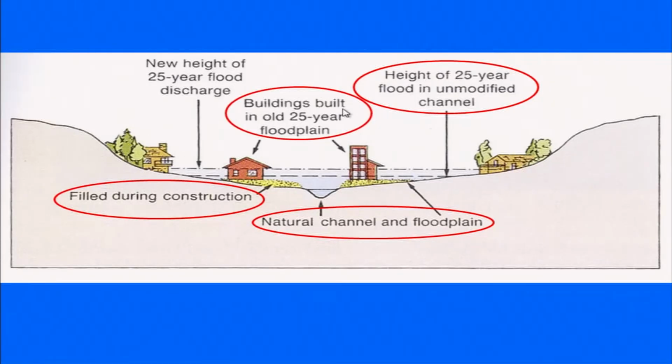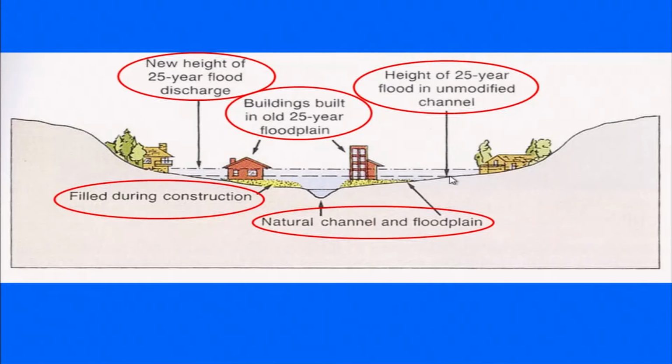Building built in the old 25 years floodplain, what has it affected? It has affected that a new height has been gained in 25 years flood discharge. So, the height is much higher as compared to this one.